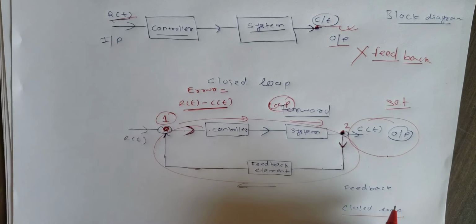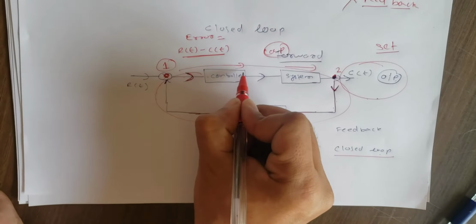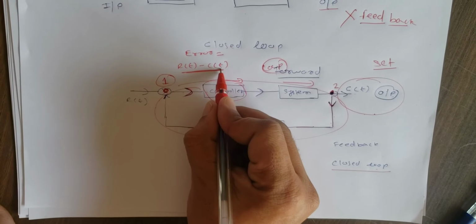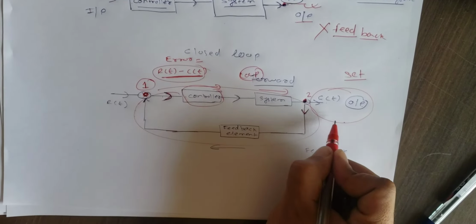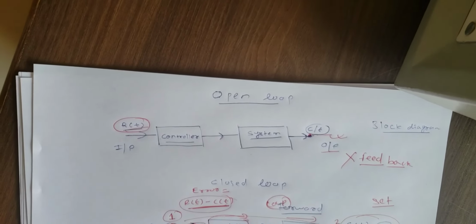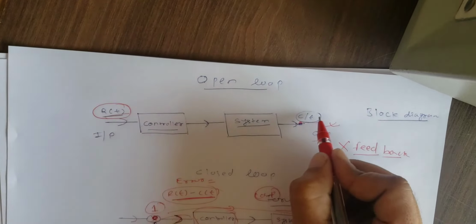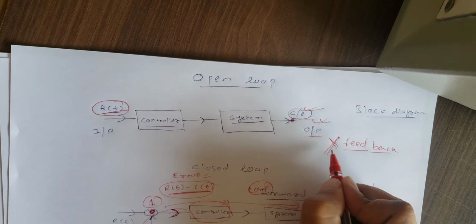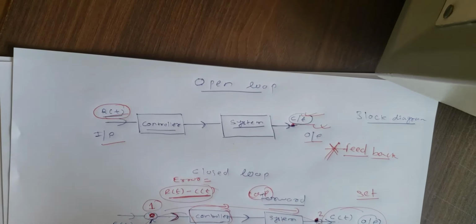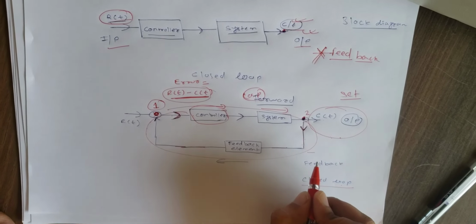So in a closed loop system, remember that the input to the controller is an error signal, which depends on the input as well as the output of the system. But in an open loop system, input is independent of the output signal. Therefore, correction is not possible in an open loop system, and it is possible in a closed loop system.